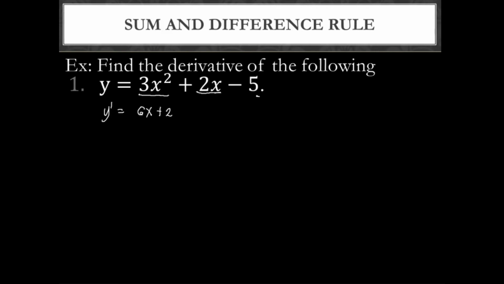Ang derivative ng constant, 0. No need to write 0. Of course, 0 yun. Okay? So, ito na po yung derivative. Okay? Ganyang kabilis. Kanina, by increment method, medyo may process. May 4 steps. Dito, using the rule, we're done.